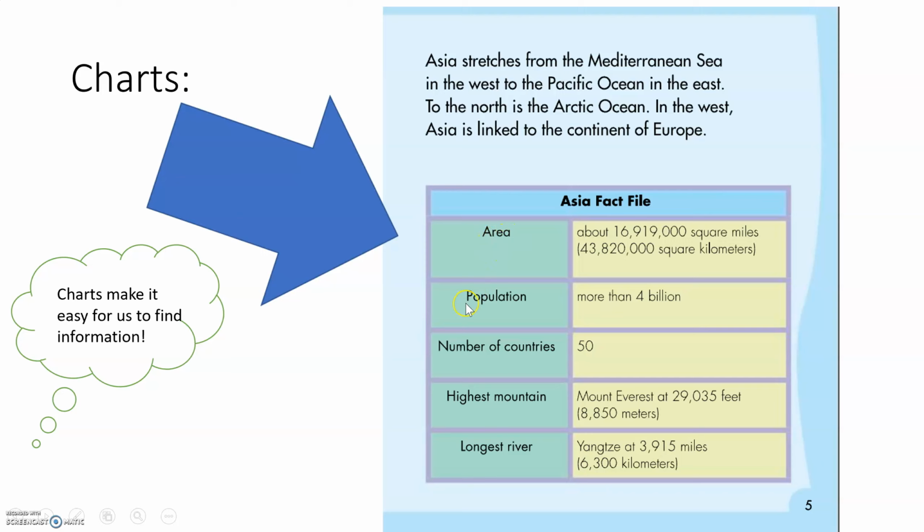That's not number. Population. Nope, that's not number. Number of countries. Oh, the number of countries is right here. There are 50 countries in Asia, and I found that quickly just by looking over at my chart. Again, friends, this is called a chart.